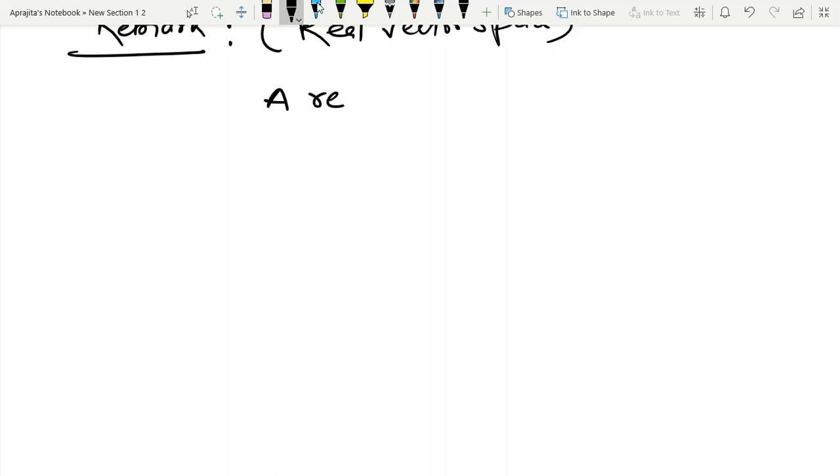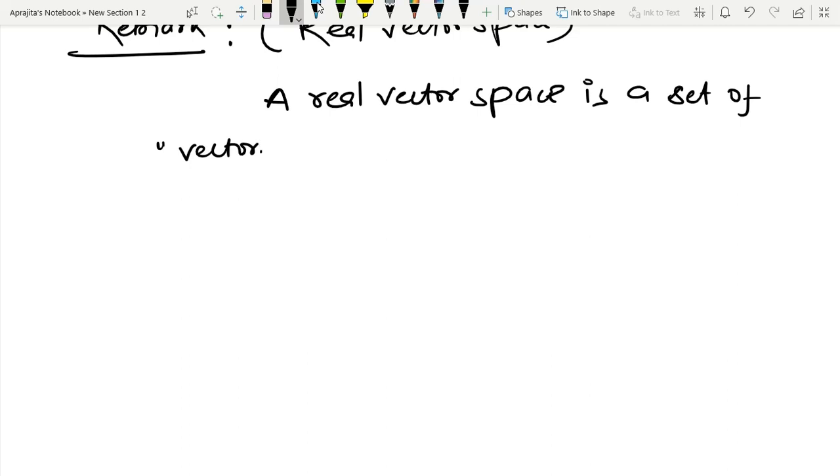So a real vector space is a set of vectors.